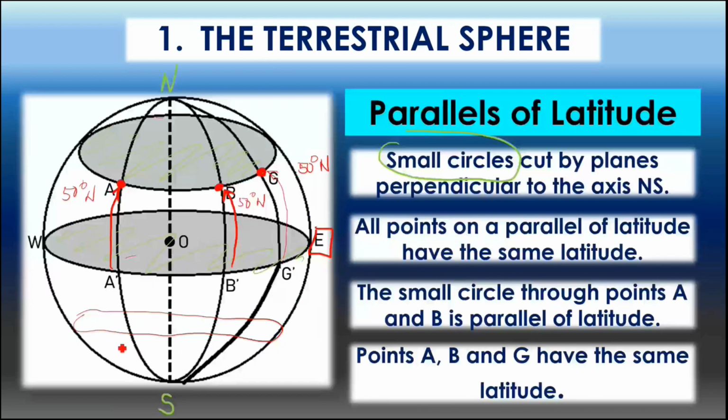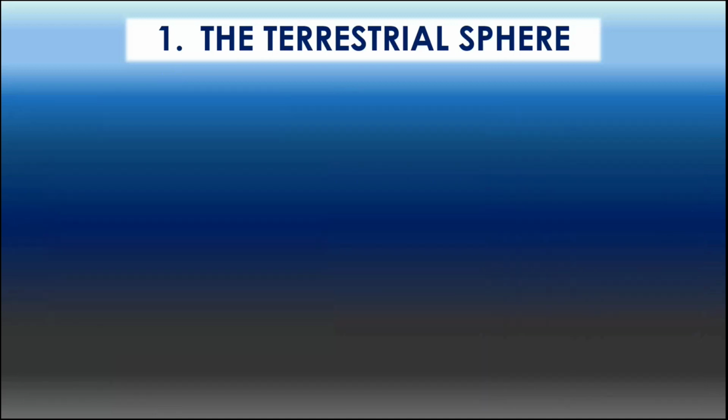Say we have M, Q, and S, for example. M, Q, and S have the same latitudes, so the same angular distance from the equator going to the set point. And of course, all of these three are on the south, so they also have the same latitudes.